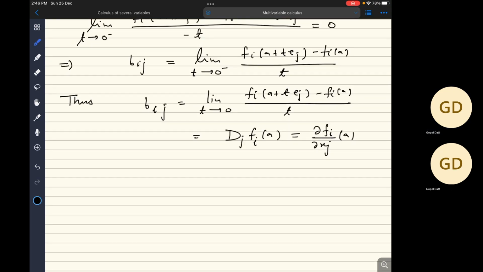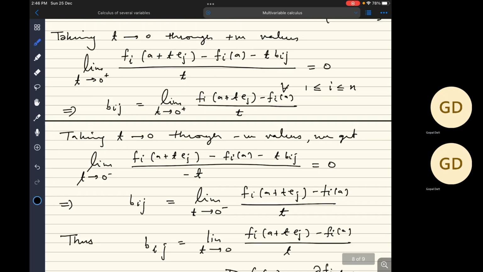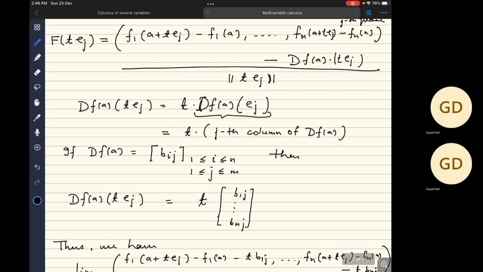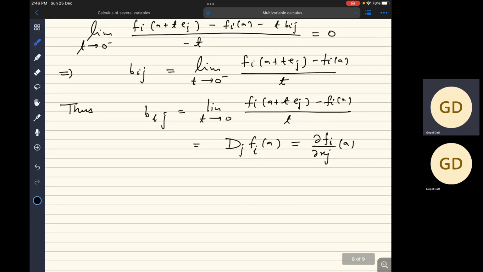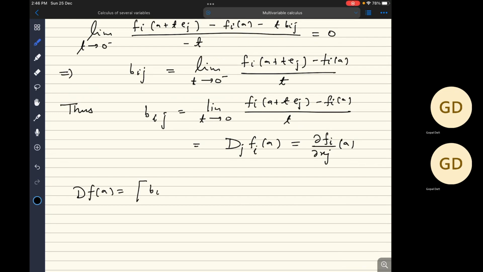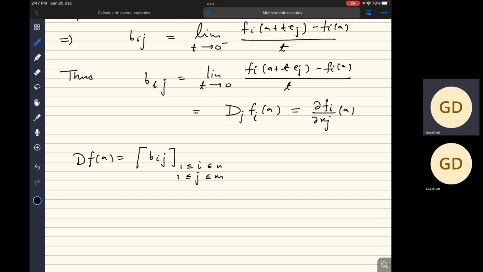And so we have found the entries of Df(a). So what were the entries? Entries are bij. So Df(a) was given by this matrix bij. This was an n cross m matrix, and its entries are this thing DjfiA.